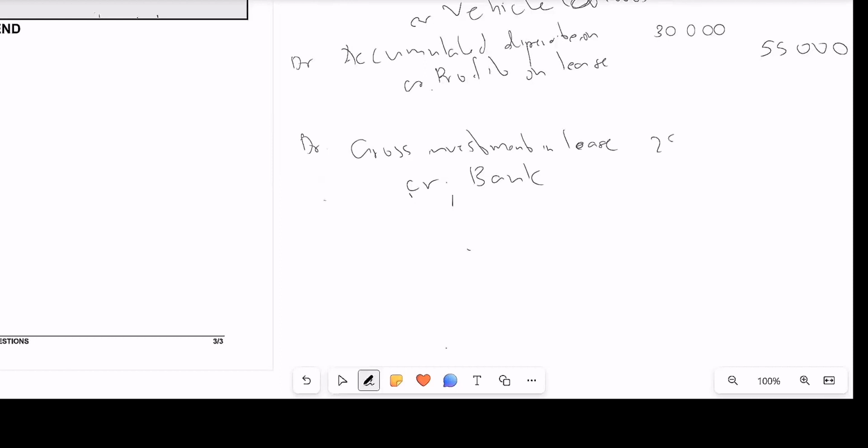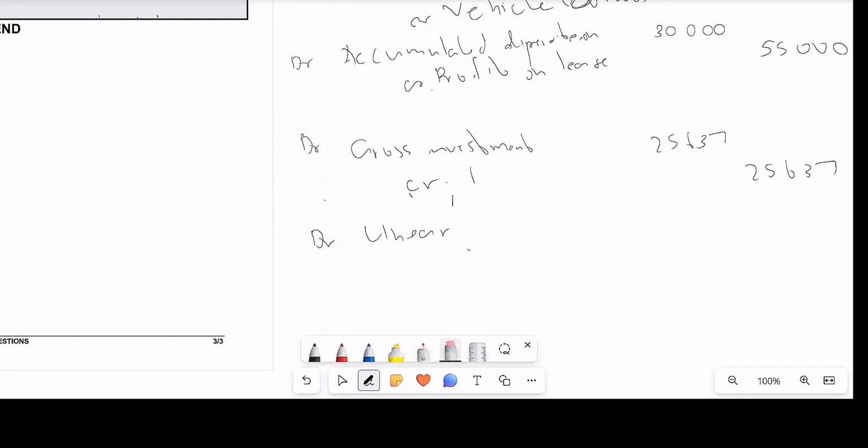So the payments were 25,637, 25,637, and then we'll have to debit unearned. No, this is the other way around. I'm sorry, guys. So let's do that one again.